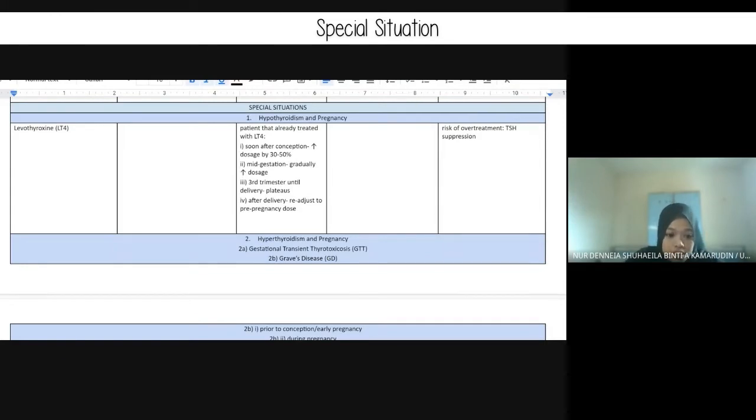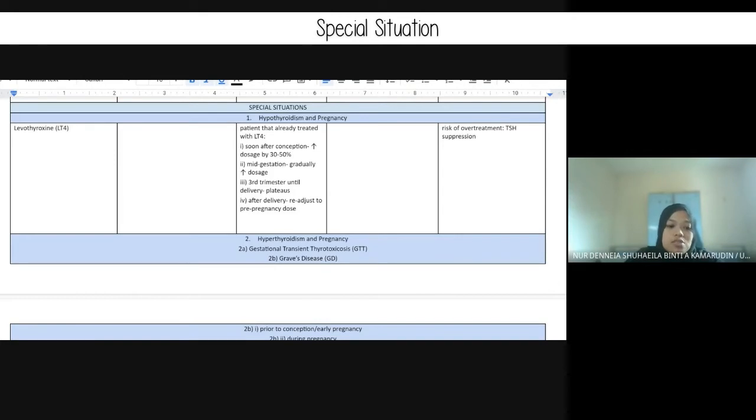For the dosing, we need to note that for pregnant women who are already treated with levothyroxine before the conception, it is recommended to have the LT4 dosage increased by 30% upon the conception, which is within 4 to 6 weeks of gestation.